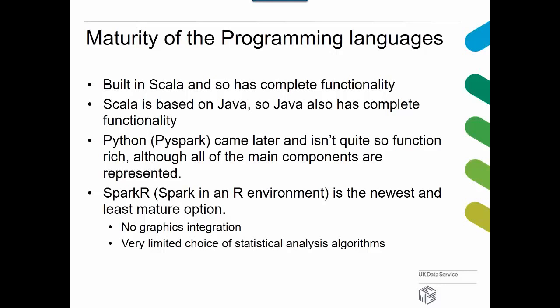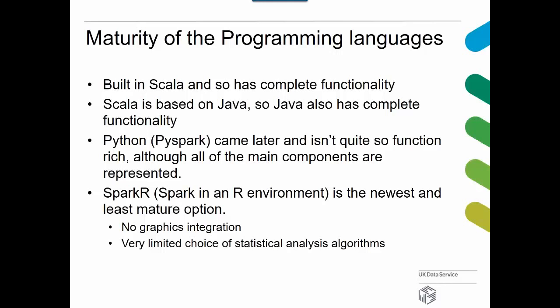And of course it's a big bonus if you're used to using Python, because of the way it's integrated. The Spark libraries for Python look as if you've just installed another package or library in your Python environment. And it's similar with SparkR. Now SparkR is the newest addition to the suite of APIs, if you like.